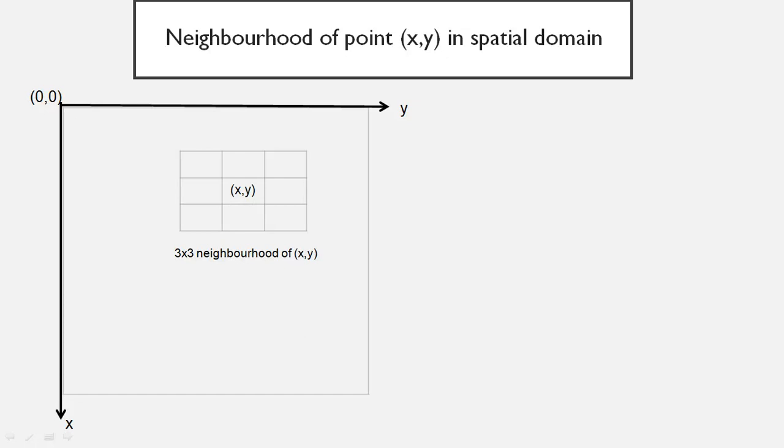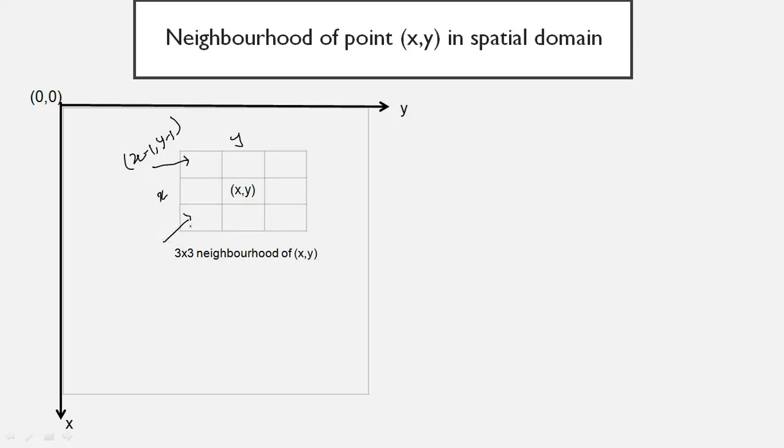Now let us understand the concept of neighborhood in an image. If I am referring to this particular pixel x comma y, then we have already seen this image in our earlier videos of fundamentals, where we know how to define the locations of the neighborhood of this pixel. So if this is x comma y, this is the x row, this is the y column, then this cell will be x minus 1 comma y minus 1, one row.